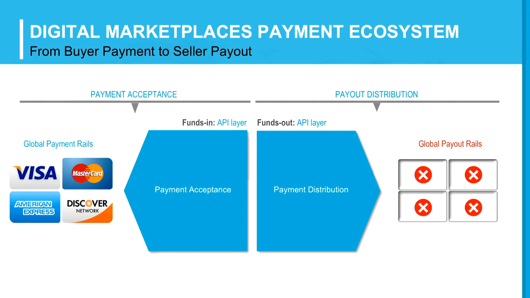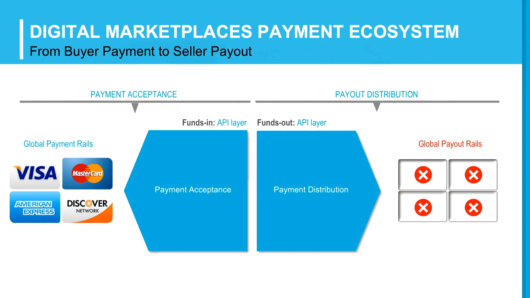Payment acceptance has advanced a lot in recent years, and we attribute that to some innovative technology companies that have built some really developer-friendly APIs built on some well-established payment rails. And what I mean by that is Visa and MasterCard, American Express, Discover. These rails make it easy to accept payment pretty much anywhere in the world because a credit card, the form factor, is the same no matter where you are.